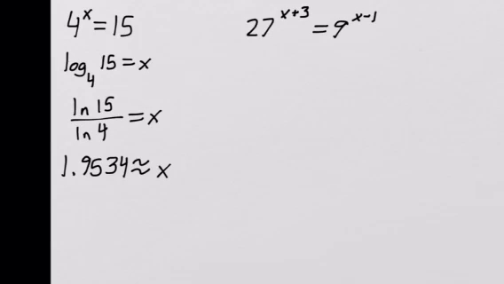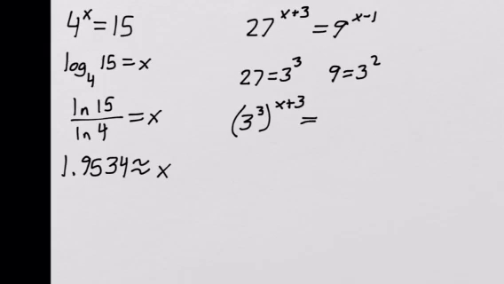But we're going to observe here that 27 is equal to 3 to the third, and that 9 is equal to 3 squared. So I can rewrite this problem as 3 cubed to the x plus 3 is equal to 3 squared to the x minus 1.